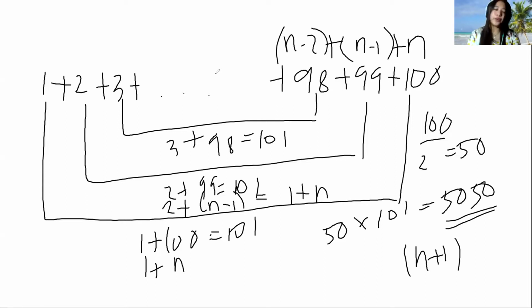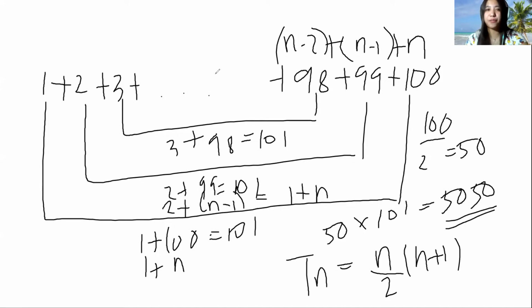And then to count the number of pairs, as we did in this example, it was 100 over 2, so we just compute n over 2. So the number of objects needed to form an equilateral triangle is n over 2 multiplied by n plus 1.